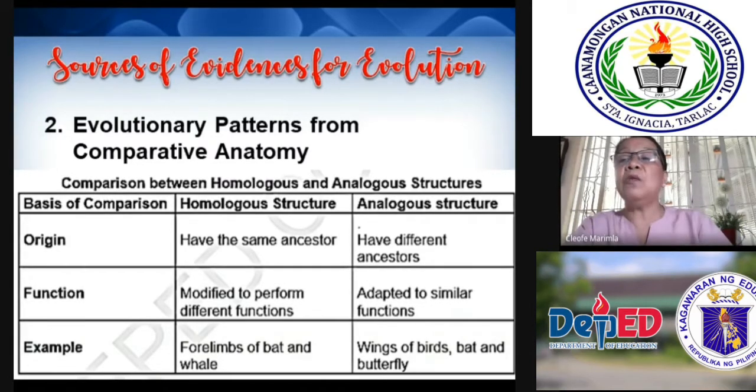While in analogous structures, for example, wings of birds, bats, and butterflies, they have different ancestors but have similar functions.